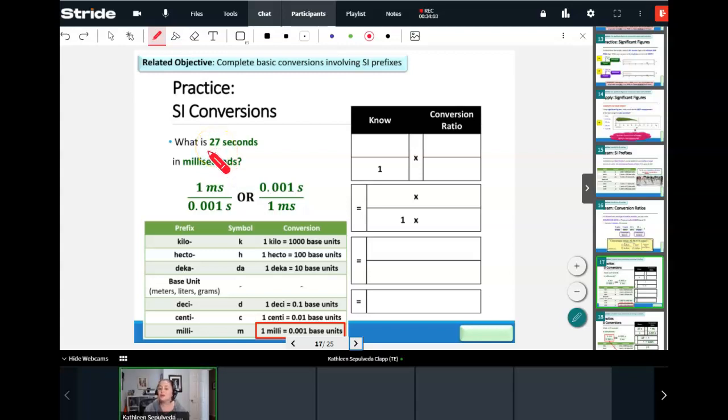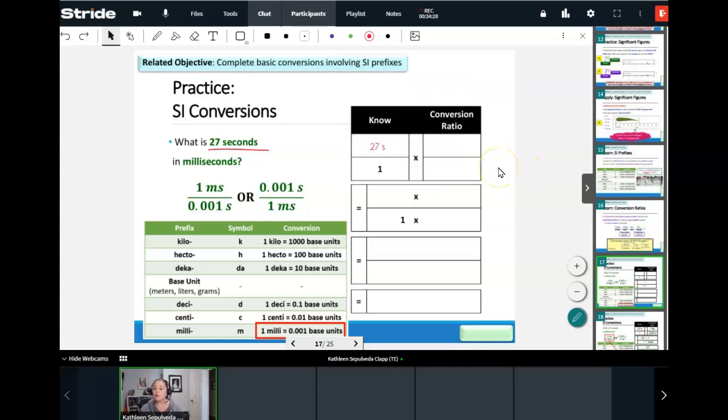My number is going to be my known, whatever number I have in my problem. So that would be 27. Good, Johnny. Good correction. Hala, excellent. Alexis, beautiful. I love it. Yeah, it's always going to be 27 seconds. Okay? So I'm going to put 27 seconds right here, and I'm going to abbreviate it by just saying 27S.